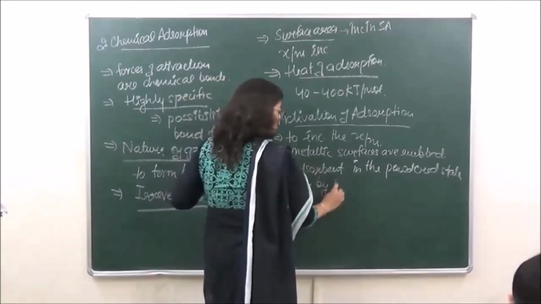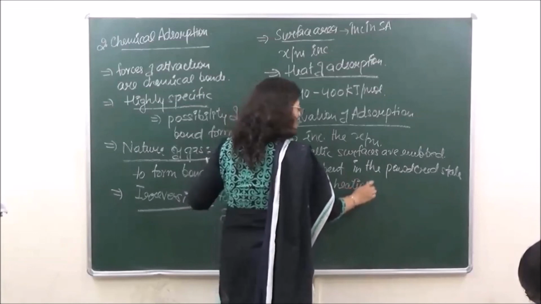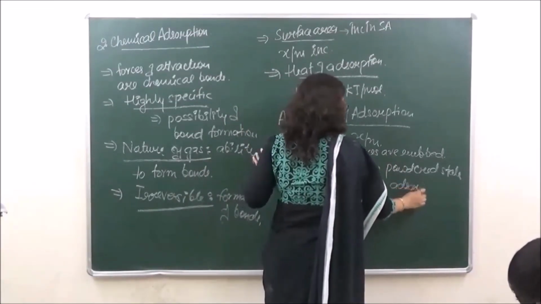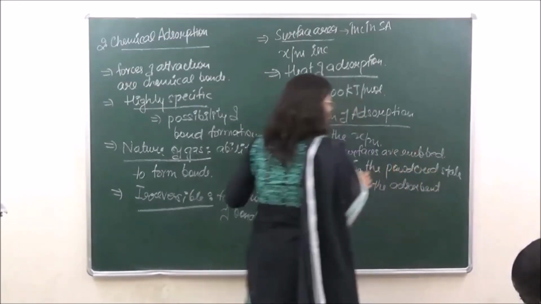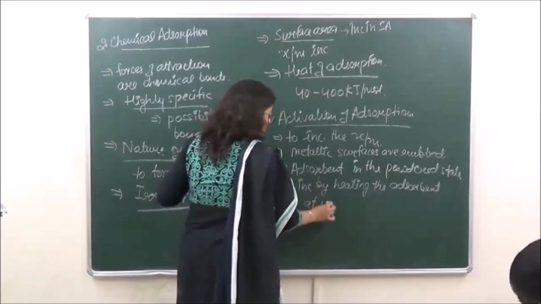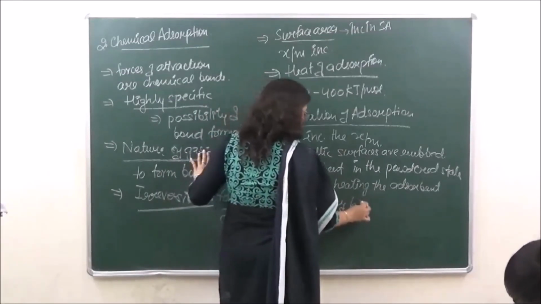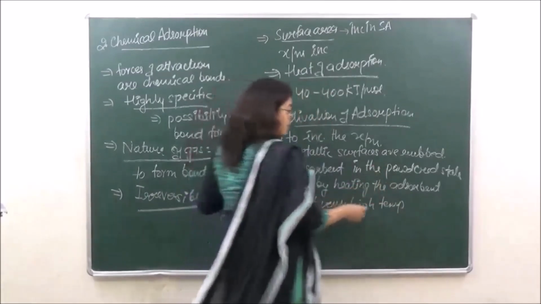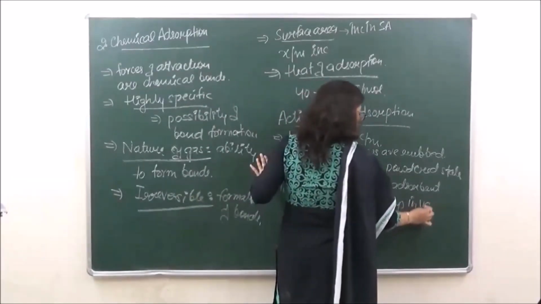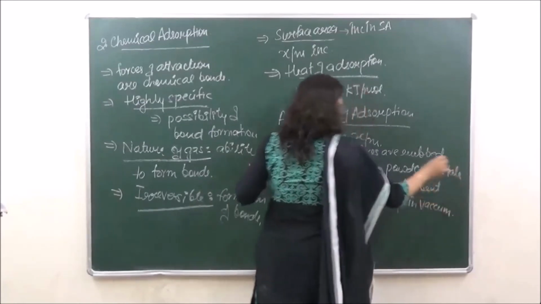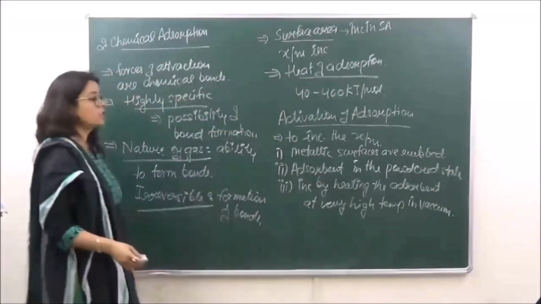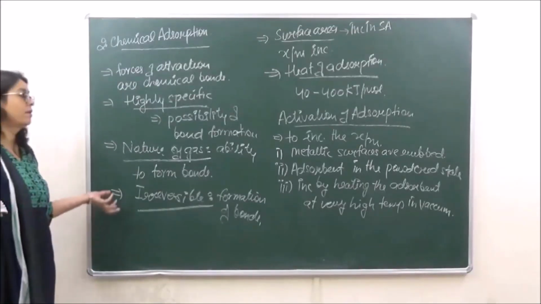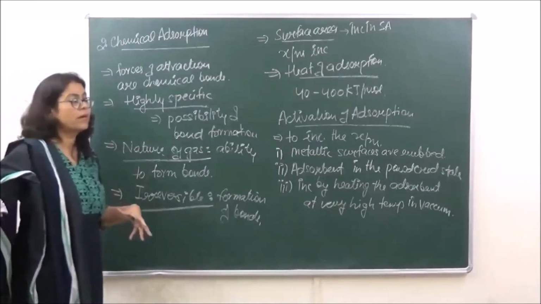Then number 3, adsorbing power can also be increased by heating the adsorbent at very high temperatures in vacuum. By heating it at very high temperatures in vacuum, the impurities are released from the adsorbent.